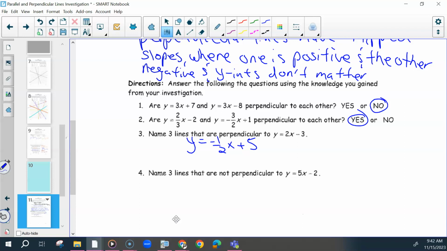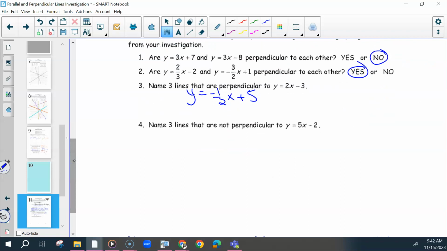It's a negative. Say it again. I need one other person. I think Aiden said he wants to go. Go ahead, Jacob. Y equals negative 1 over 2x plus 4.